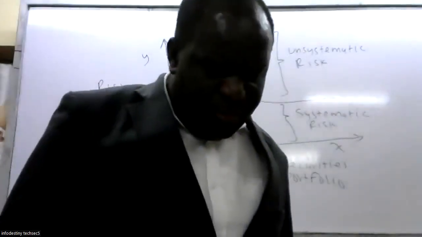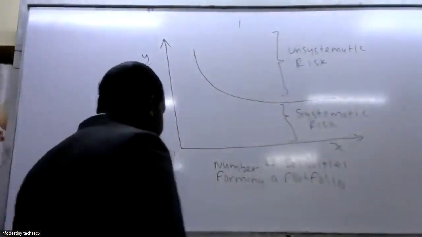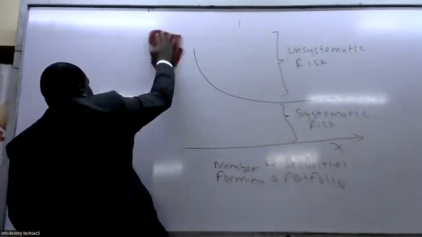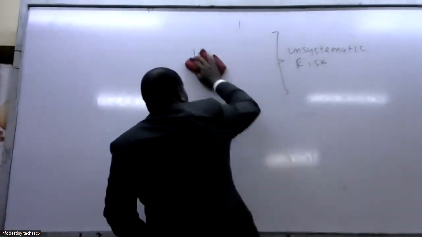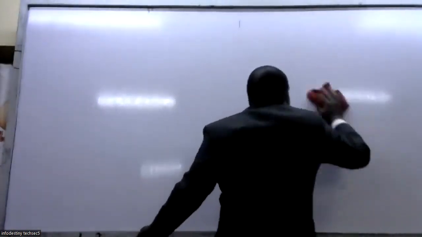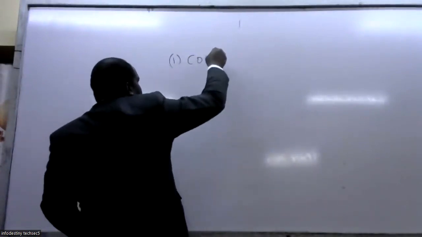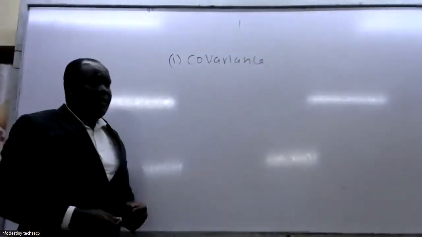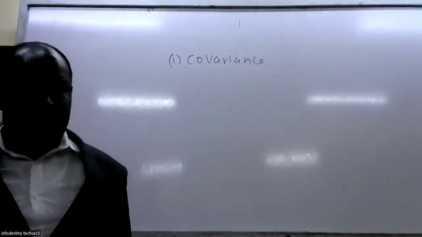So we start with number one. Number one will be covariance.